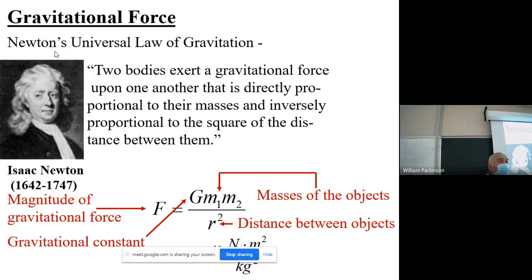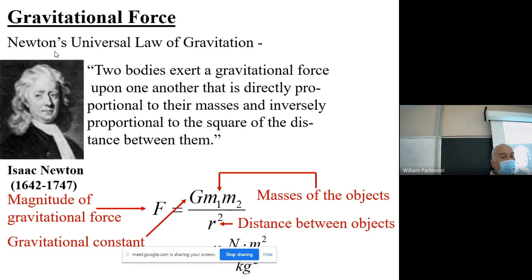If F is going to be of a sizable number, then M1 and M2 had better be big, because otherwise G is so small that there's not much gravitational pull. That's probably a good thing. Why? Because you and I have small m's compared to what we're talking about. So there's no appreciable gravitational pull between me and you.